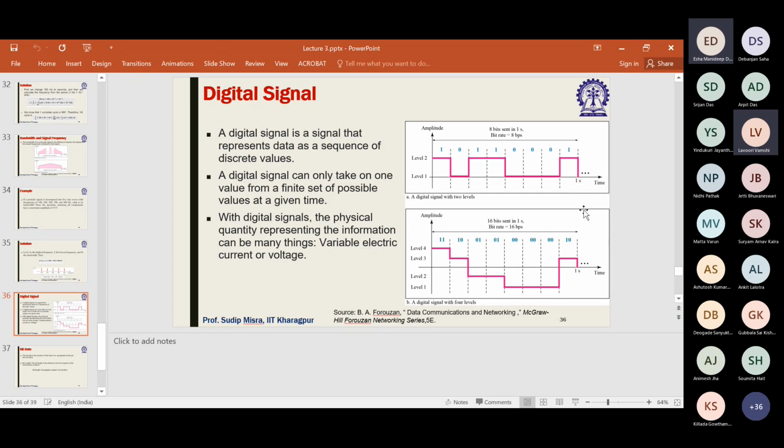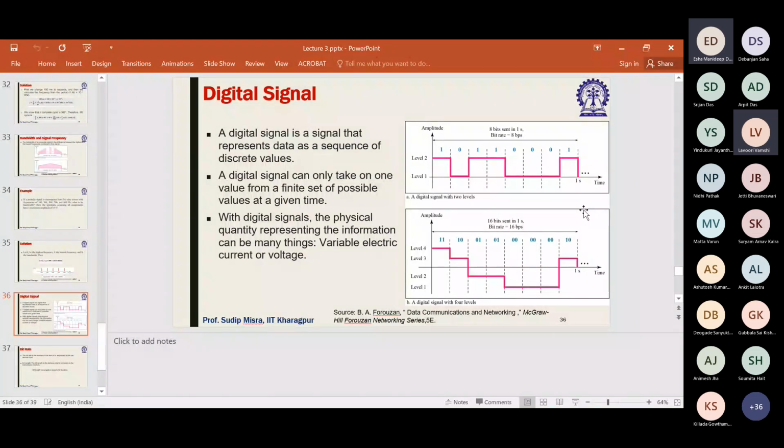There are different approaches for this approximation. We are not going to touch upon those too much, but please have a look at section 3.3.4 in Forouzan 5th edition and try to understand how these approximations can be done in a naive way and in a better way.